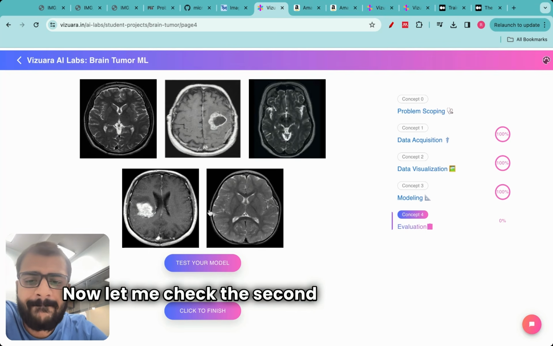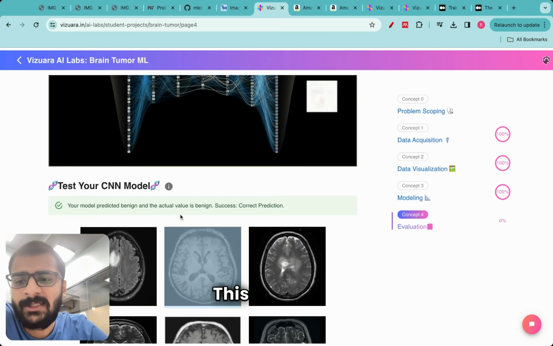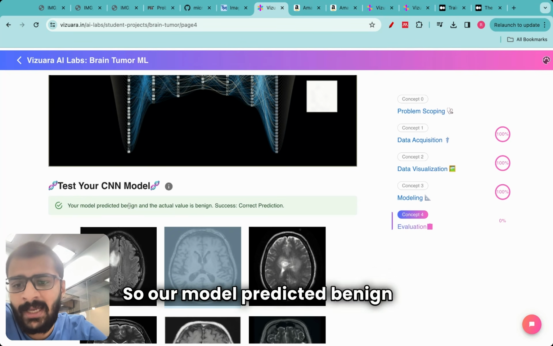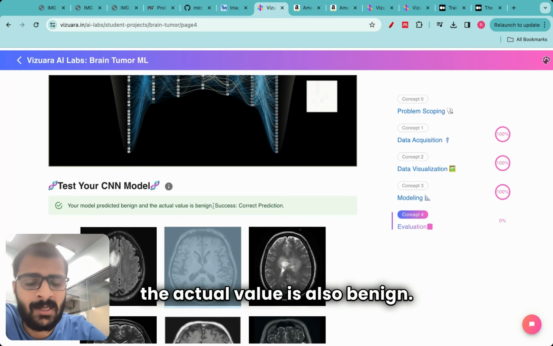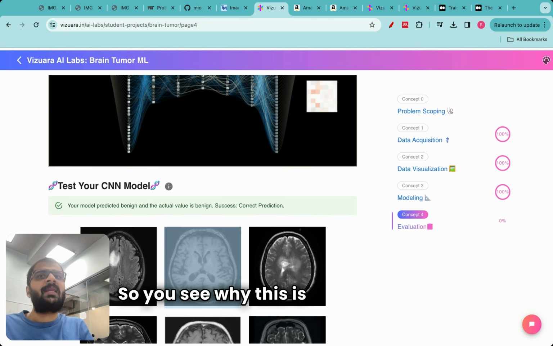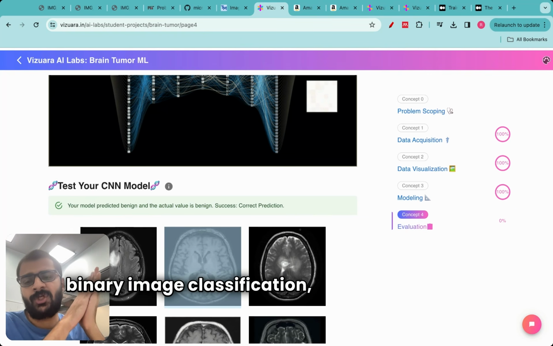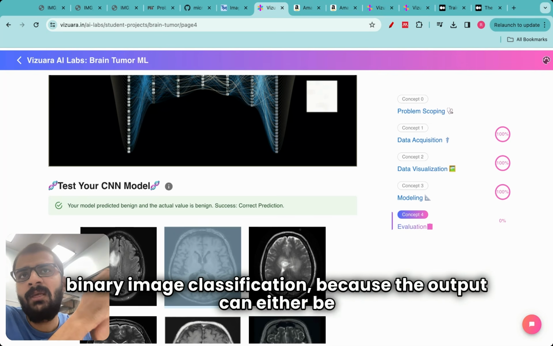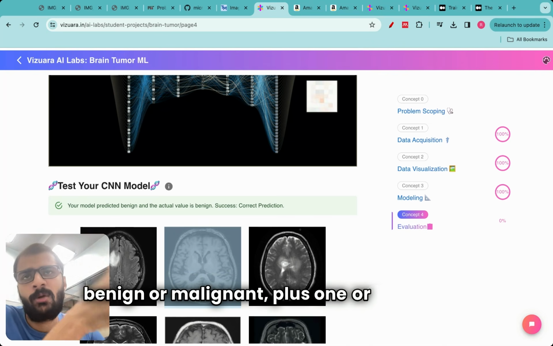Now let me check the second. Test your AI model. This is correct. So our model predicted benign and the actual value is also benign. So you see why this is an example of binary image classification, because the output can either be benign or malignant, plus one or minus one.